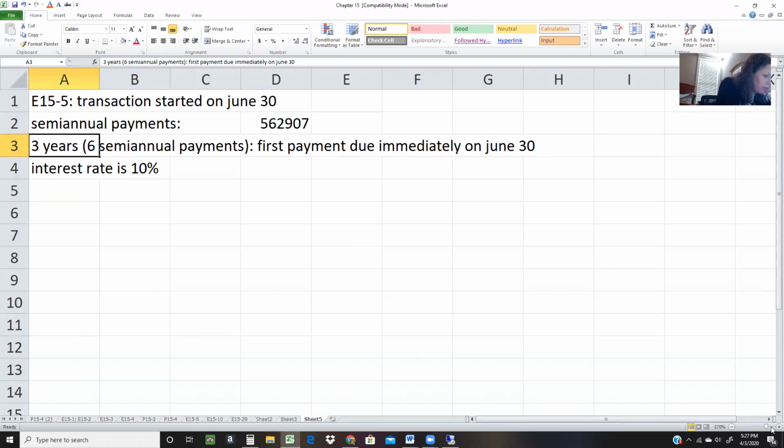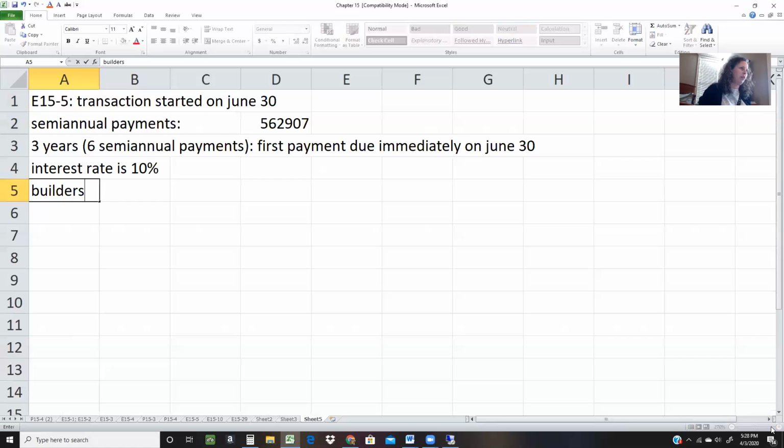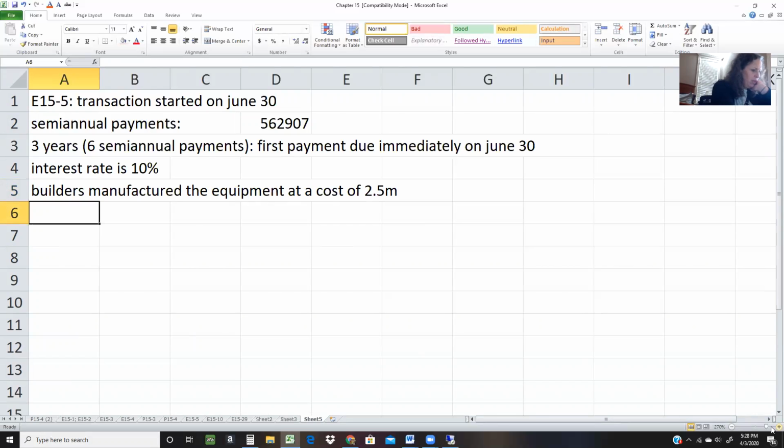And that's the same rate as what Builders would use to calculate the lease payments. Builders manufactured the equipment at a cost of $2.5 million.